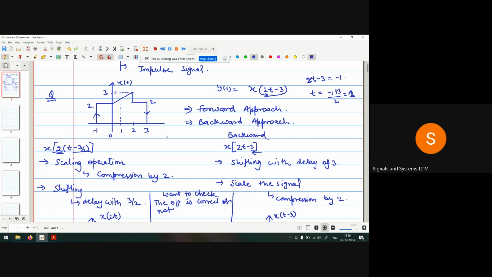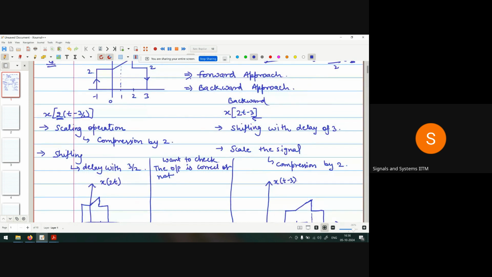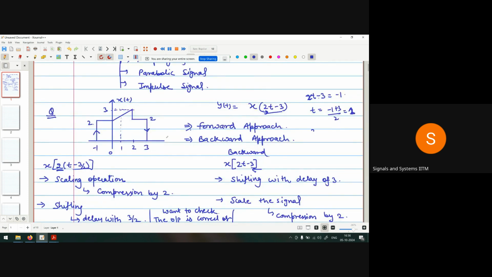Okay, so now my starting point is 1. So if I draw the graph, my starting point will be 1. Now if I check the ending point, 2t minus 3 becomes equal to 3. So t is equal to 3 plus 3 divided by 2, that means 3.